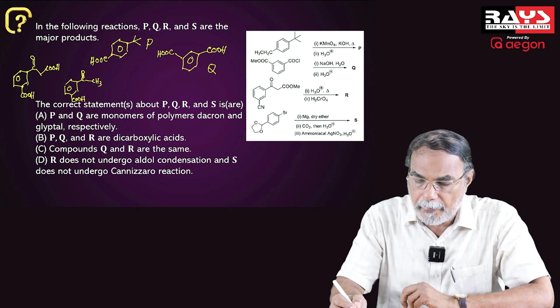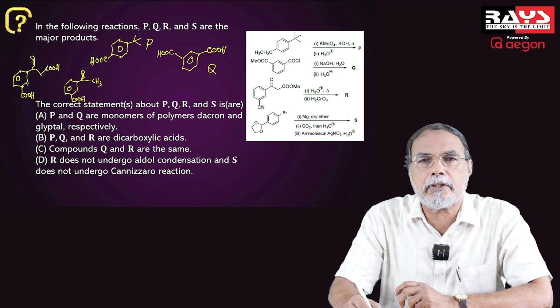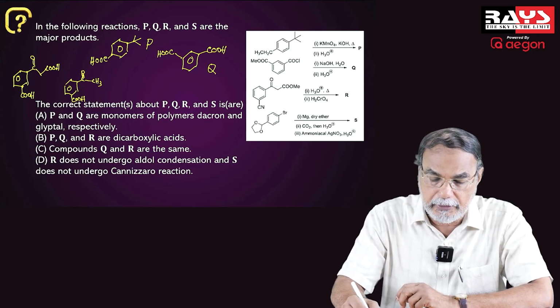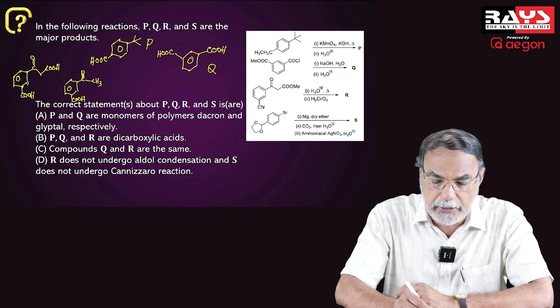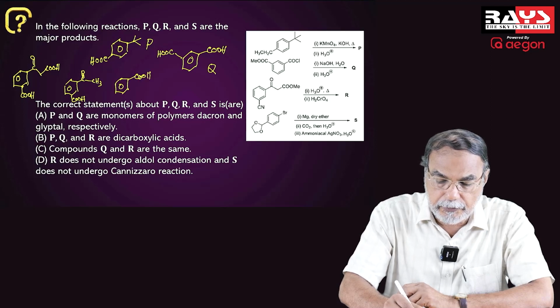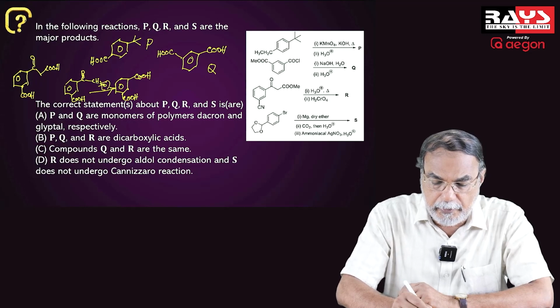And in the next step it is oxidation by H2CrO4, chromic acid oxidation, and this part of the molecule gets oxidized and the product formed has COOH.